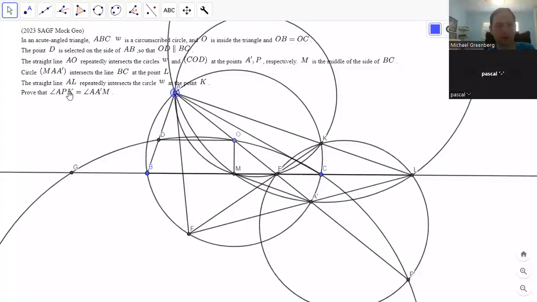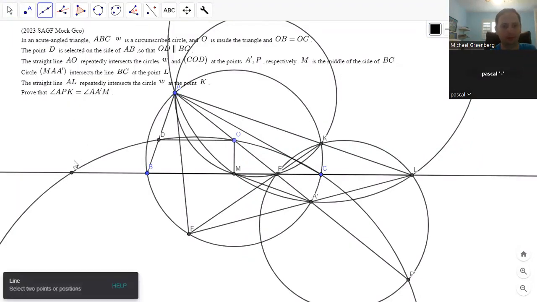I think if we do it this way, we would want DGC equals O, so DG and OB would be parallel.